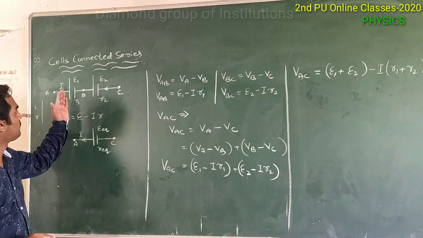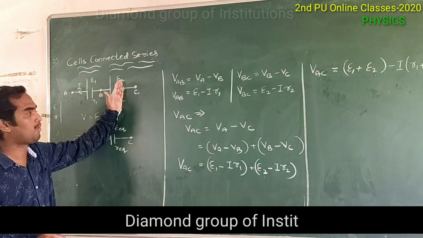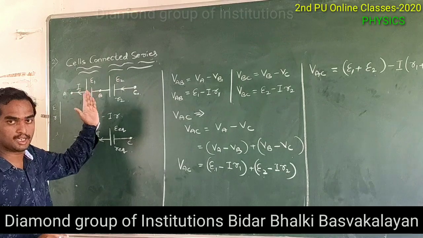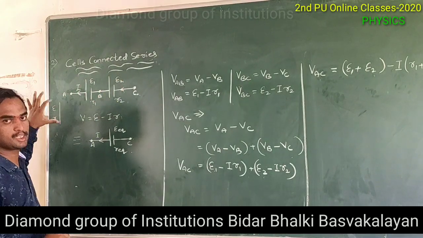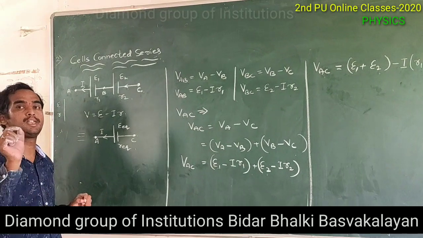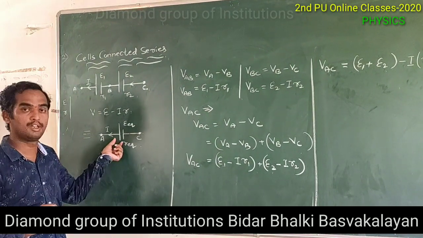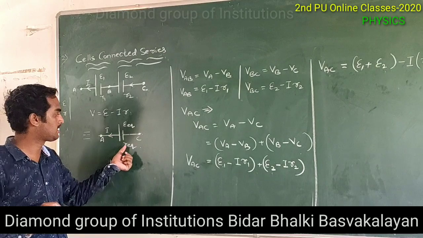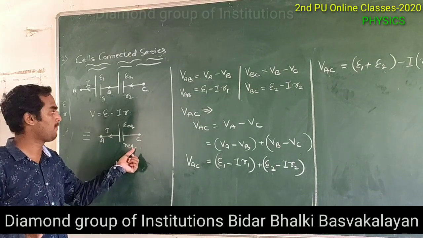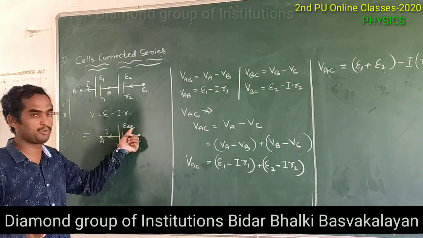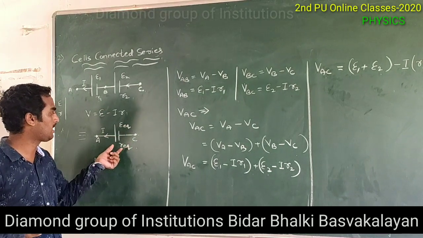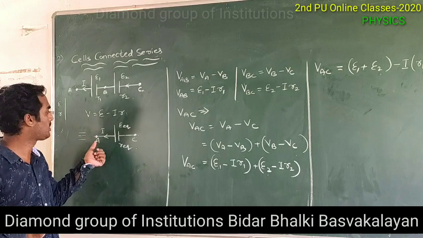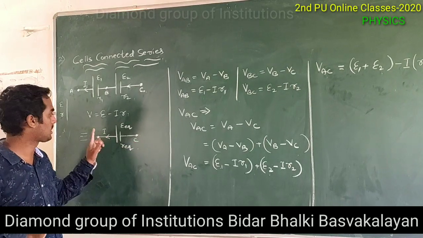Now, instead of these two cells, whatever EMF and internal resistance they have, we remove these two cells and replace them with a single cell having internal resistance Req and EMF Eeq, that is, equivalent EMF and equivalent resistance between the points A and C. What is the current here?